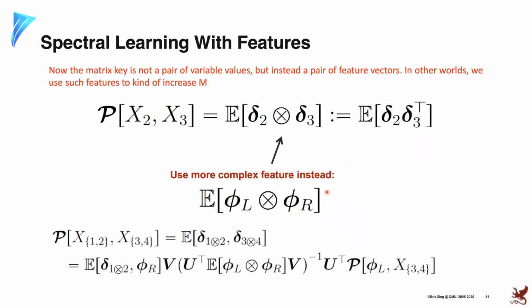In some sense, we have already increased the cardinality of m so that it will be greater than or equal to k. In this way, we can again do the inverse just by plugging in phi L for the original x2 and phi R for the original x3. So that's how we deal with the cases where k is greater than m.